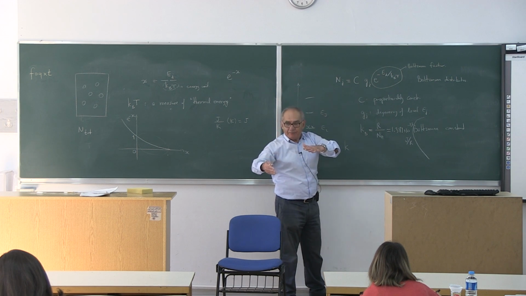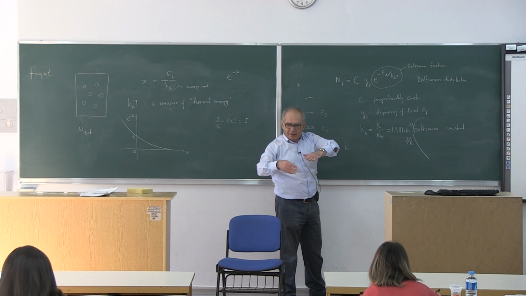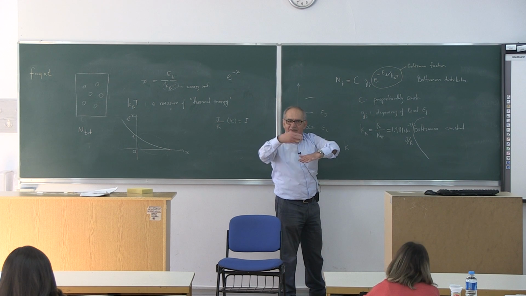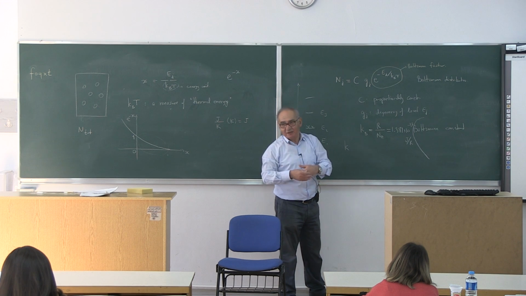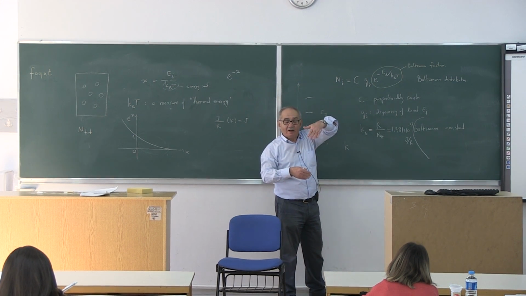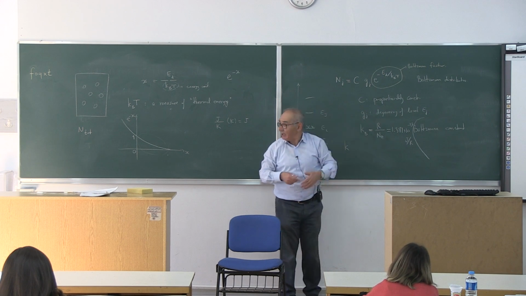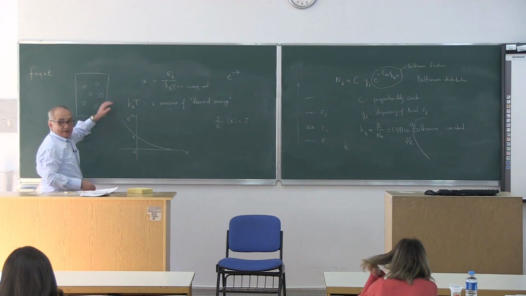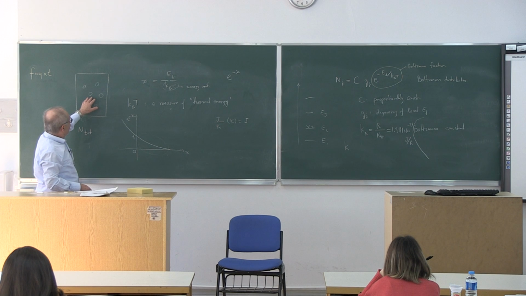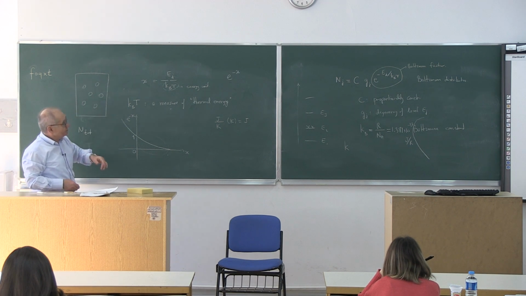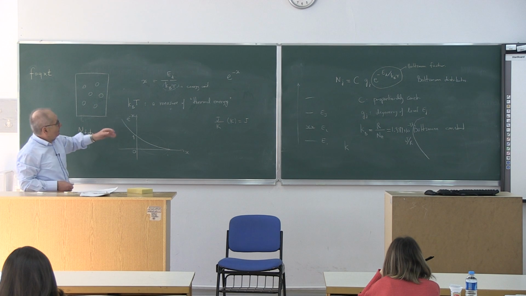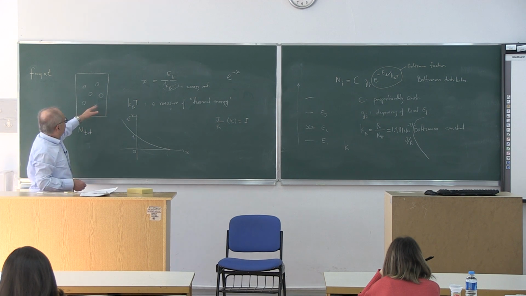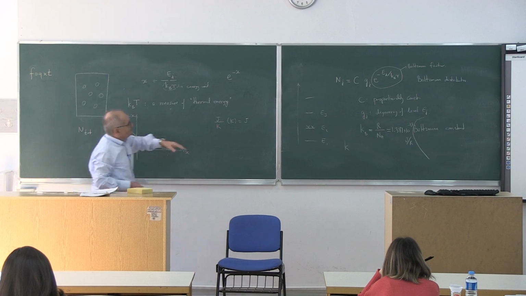Only low energy, say the ground state, maybe first excited, second excited, a restricted set of energy levels are significantly occupied. Very high energy levels are never occupied. That means, imagine the molecules inside this cell. The number of molecules at a certain energy level is given by this expression.